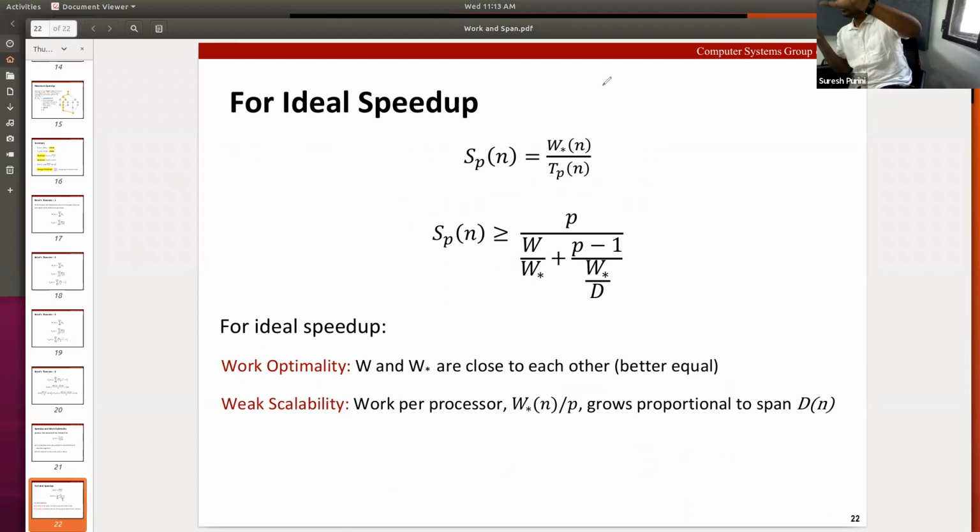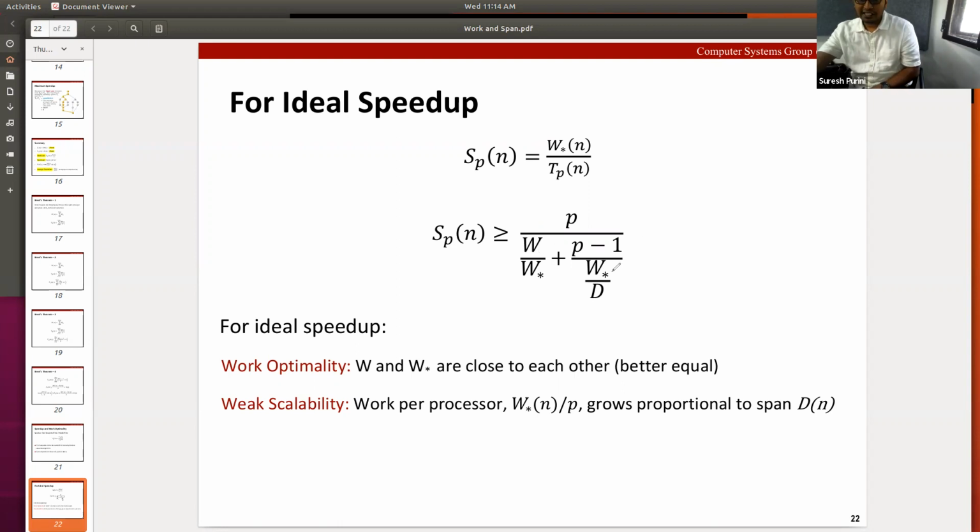If originally you are doing some X amount of work, you can do 2X or 3X amount of work, and that is to some extent okay, but you cannot increase the amount of work by a log n factor, because those factors will creep in here and the achievable speedup goes down. This is the work optimality principle. This is a very easy thing to check, and a nice property to keep in mind when you are trying to parallelize programs.